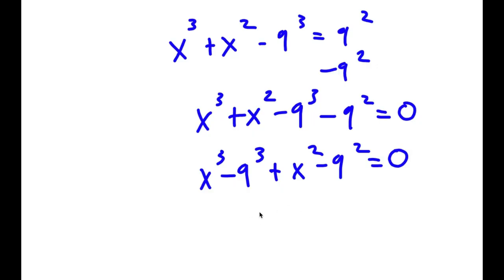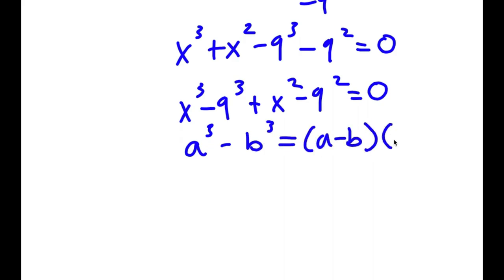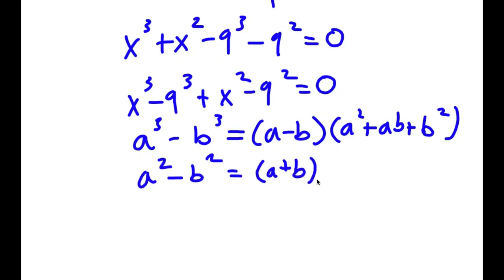So first off, if I have something in the form a to the power of 3 minus b to the power of 3, this is equal to a minus b times a squared plus ab plus b squared. And now if I have something in the form a squared minus b squared, this is equal to a plus b times a minus b.